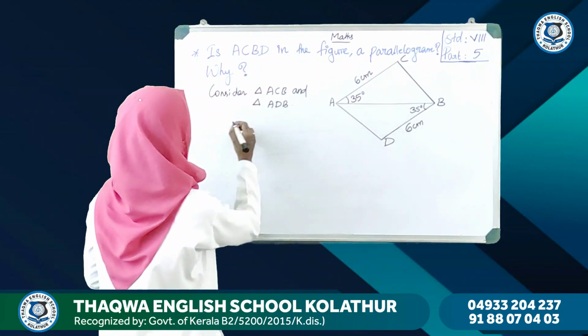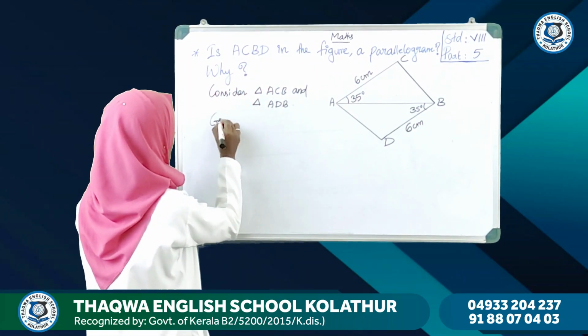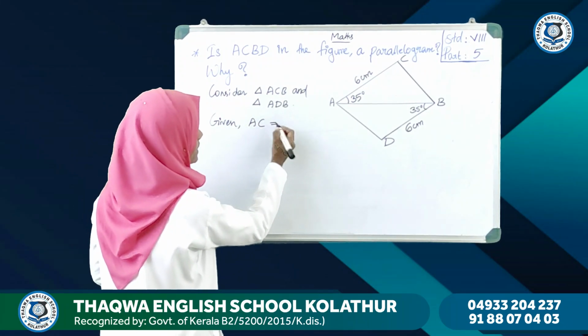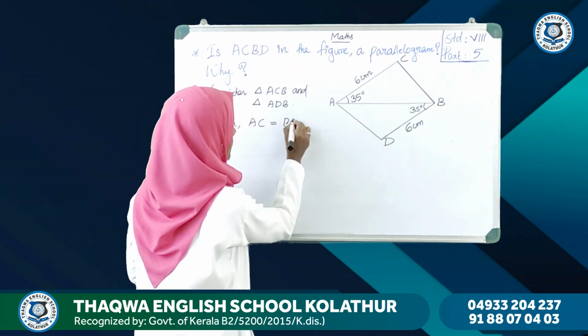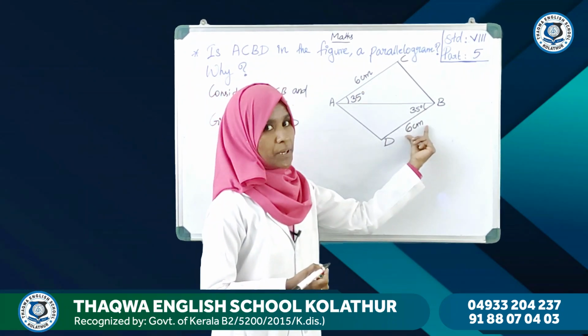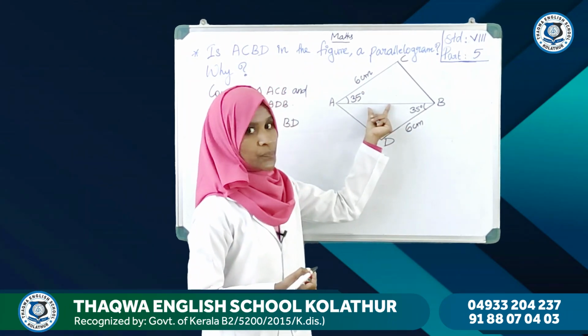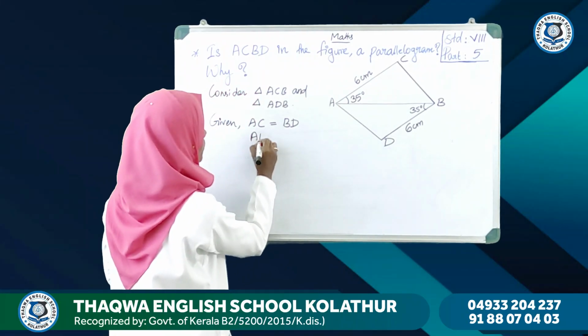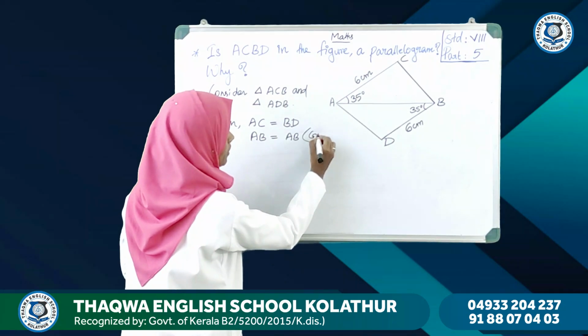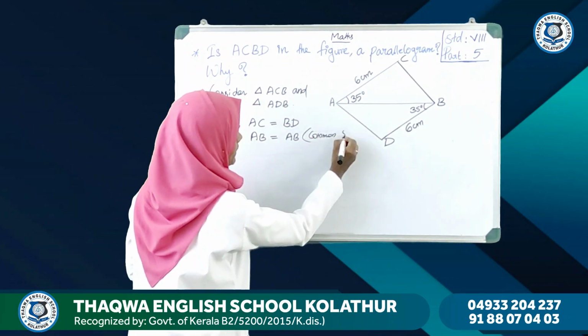That is, what is given? AC equals BD. Next, AB equals AB. This is the common side.